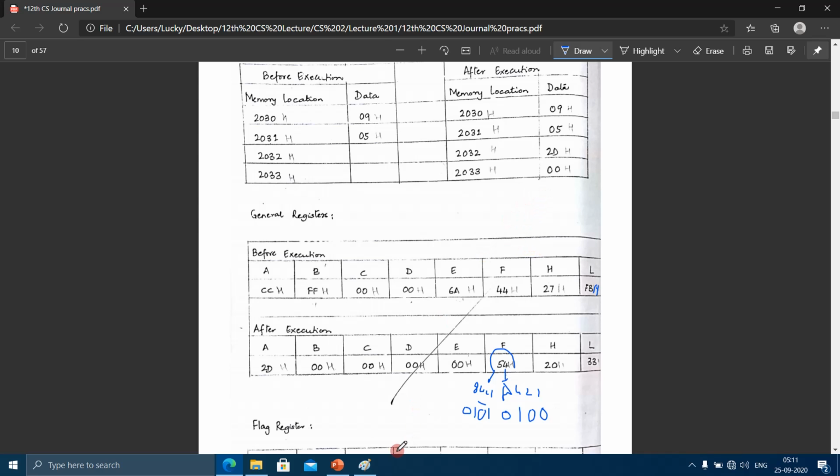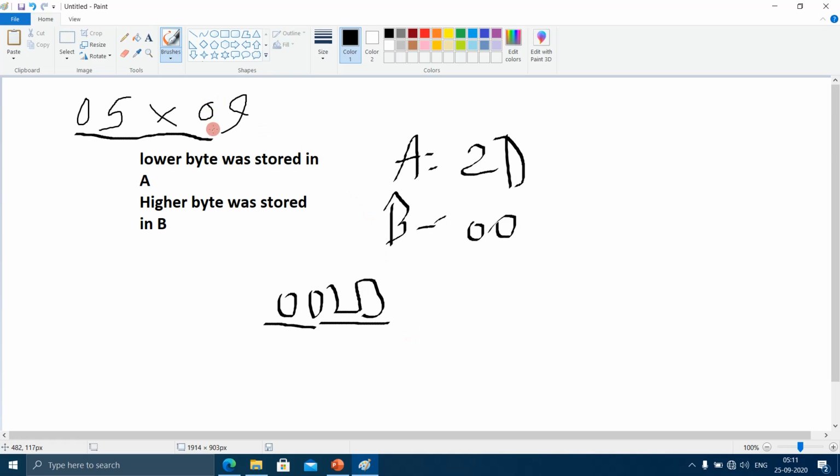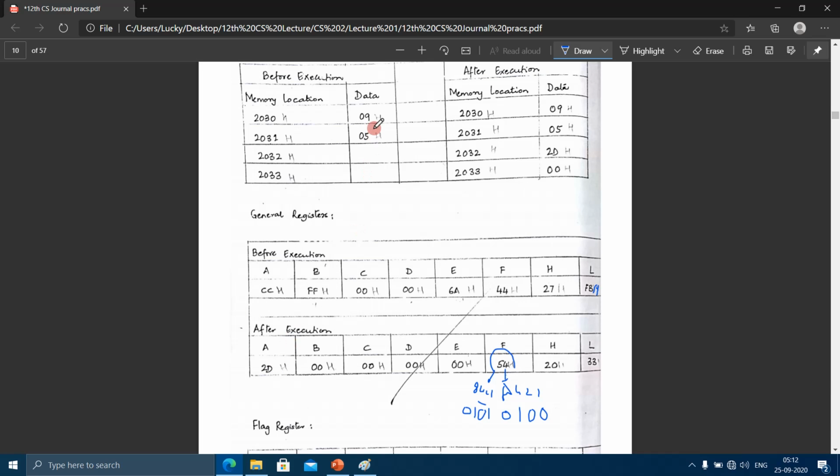What if the answer we get is greater than 1 byte? Here we got only 2D, which was 1 byte, and the remaining byte was 00. Here I added 5 nine times.